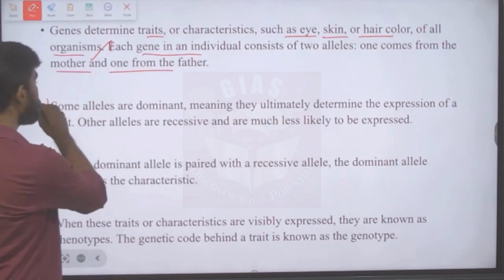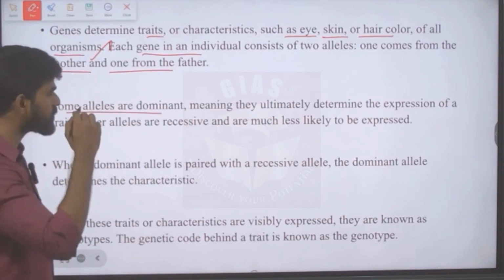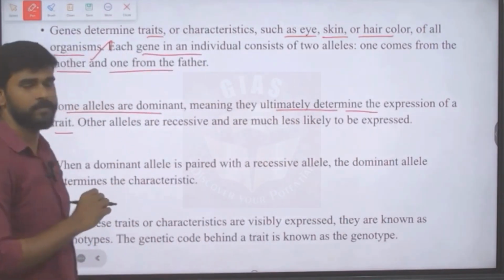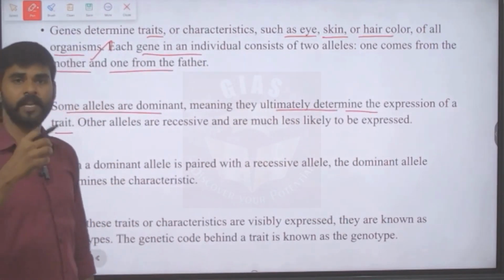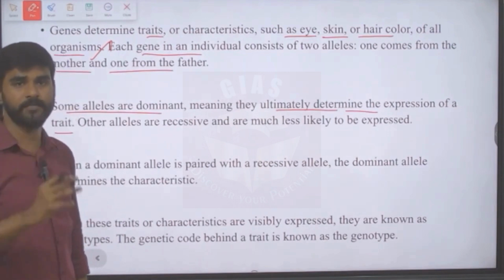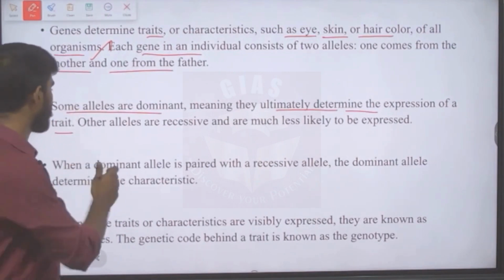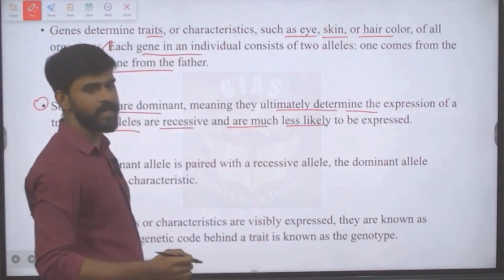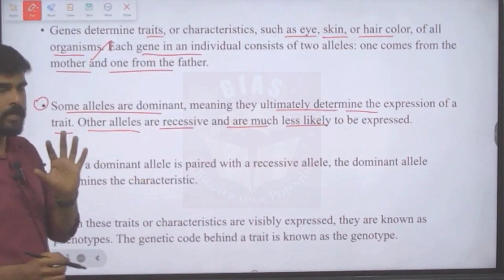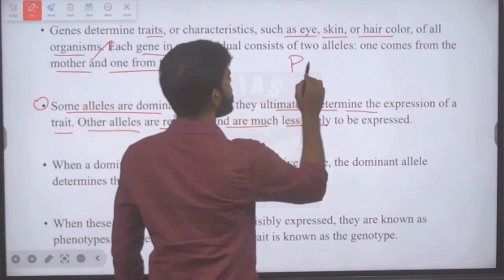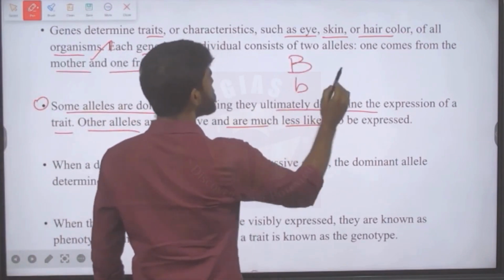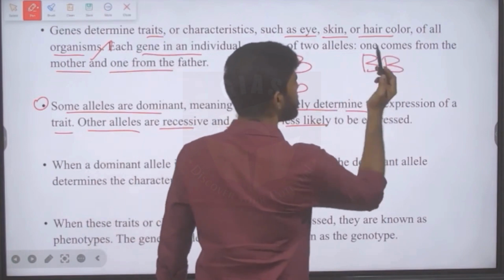Next is, some alleles are dominant, like we discussed, meaning they ultimately determine the expression of the trait. The dominant one will ultimately determine what trait will be exhibited. And then other alleles are recessive and are much less likely to be expressed. Okay, so if capital B is dominant and small b is recessive, if I have this combination BB, obviously this will be dominant.